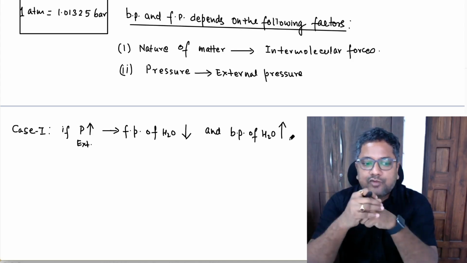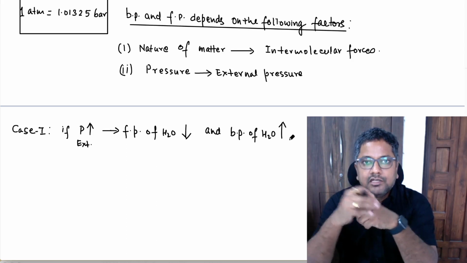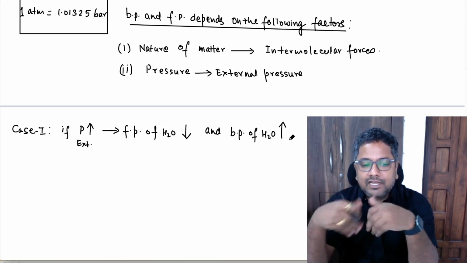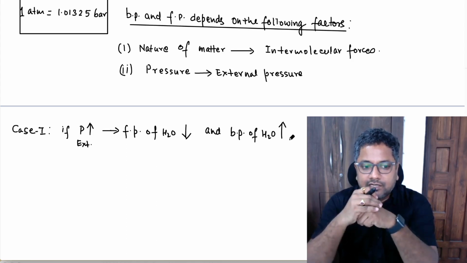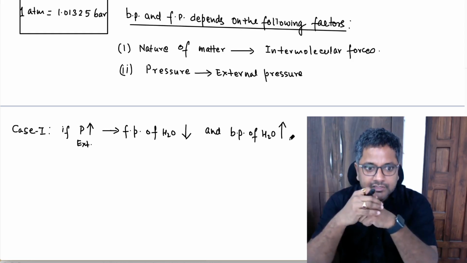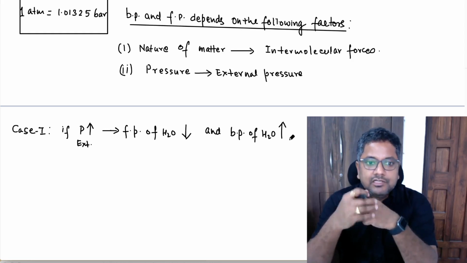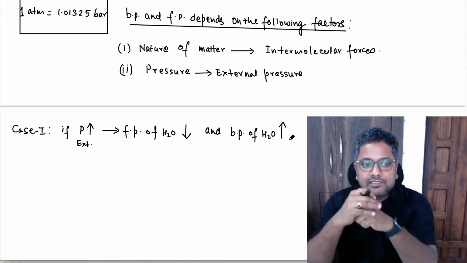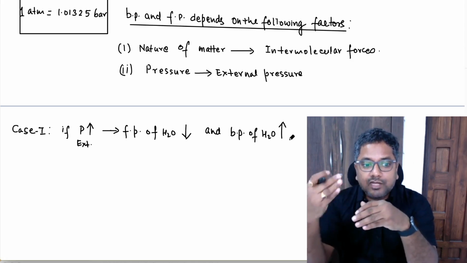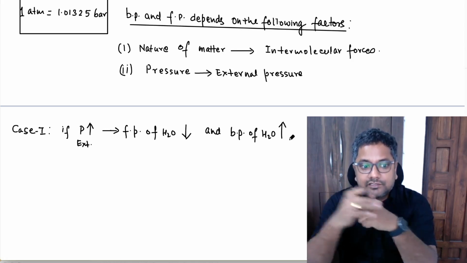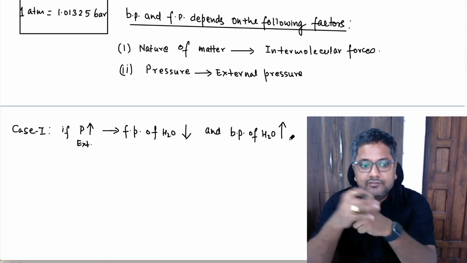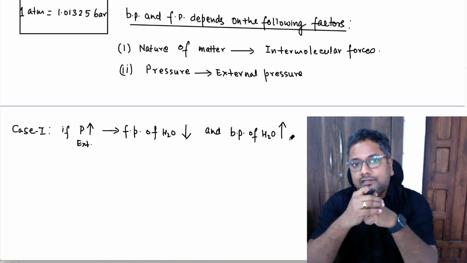Once water starts boiling, there is no change in temperature. Whatever energy you give converts the liquid into vapor and does not increase the temperature. So if the boiling point is more, you are putting more energy into that system, and the cooking time for the food will decrease.